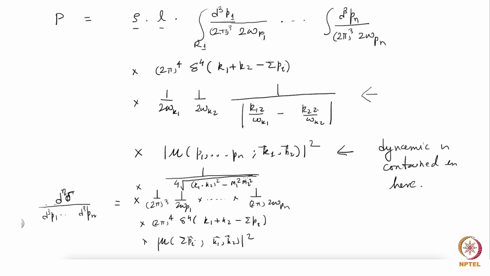So that's the expression. If you were to take these differentials on the right and integrate over them and multiply with rho and L, you will get P. So, stripping out rho and L, whatever is left behind, the differential of it is called the differential cross section. This is a fully differential cross section.